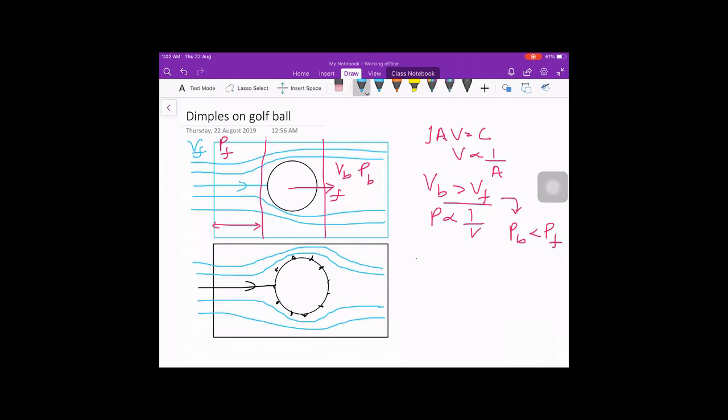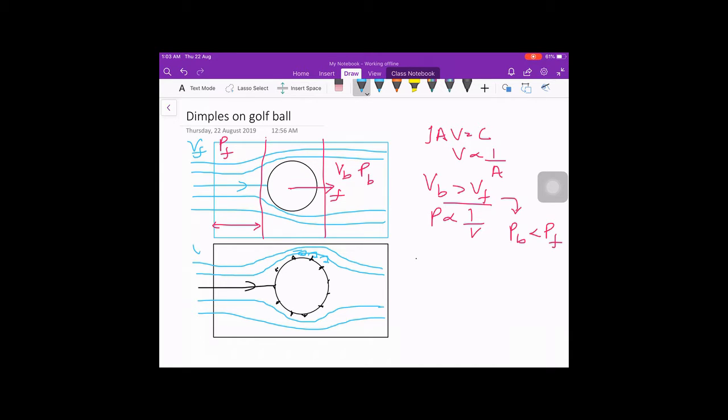This is because the dimples on the ball create a local disturbance in the flow which tries to rotate, and we call this turbulence. This turbulence brings the air far away from the surface towards the surface, and so the velocity near the wall of the ball decreases.